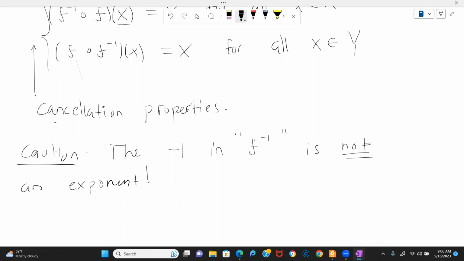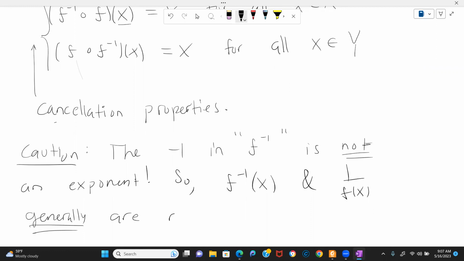What that means is that f inverse of x and 1 over f of x generally, and in fact almost always, are not the same. So don't confuse these two.